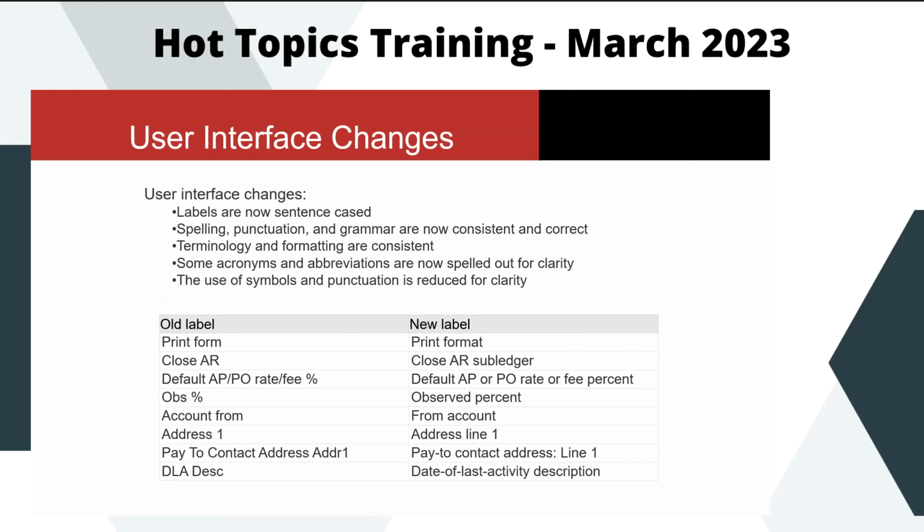You will notice that the label changes on some pages will include titles, field labels, column headers, and other text that appear on things like lists, records, transactions, reports, and data components.